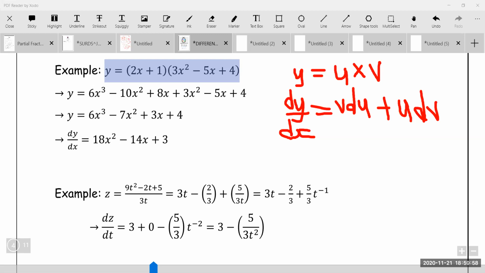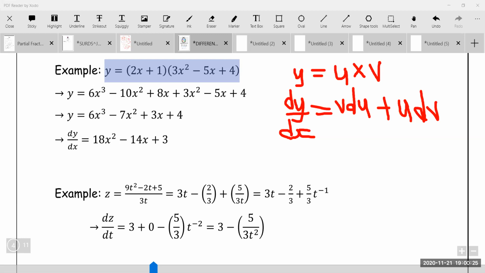So in the question above, we're going to let u equal, what's u in this case? 2x plus 1, because we're going to write it as the product of u times v.